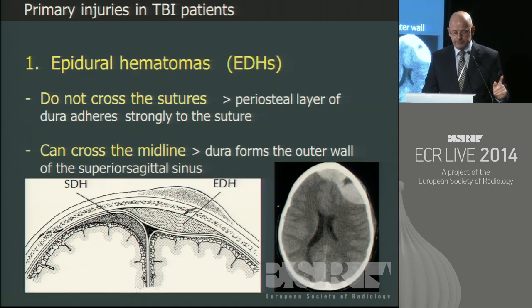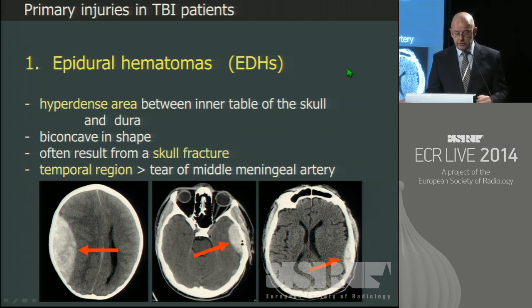Remember, epidural hematomas do not cross the sutures because the periosteal layer of the dura adheres strongly to the suture and doesn't allow the hematoma to go further, but they can cross the midline because the dura forms the outer wall of the superficial sinus. So this is the classical example of an epidural hematoma. They are hyperdense areas between the inner table of the skull and dura.